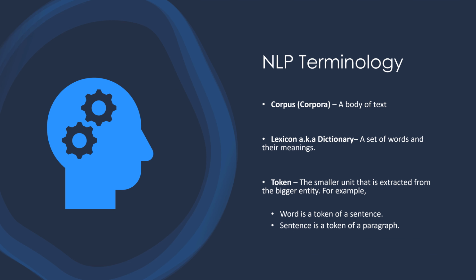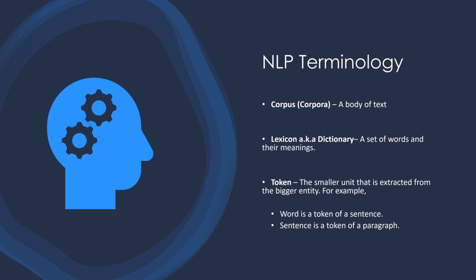Now that I have covered the introduction to what the natural language toolkit is and its goals, it is important to know some important terminology related to natural language processing. So here a corpus is referring to any body of text. Lexicon, also known as dictionary, refers to a set of words and their meanings.